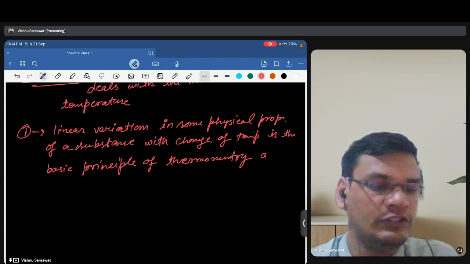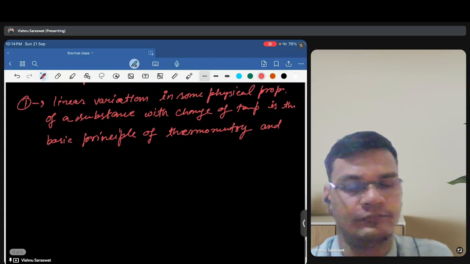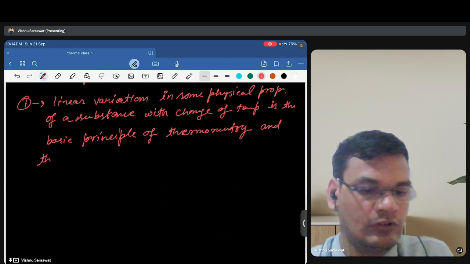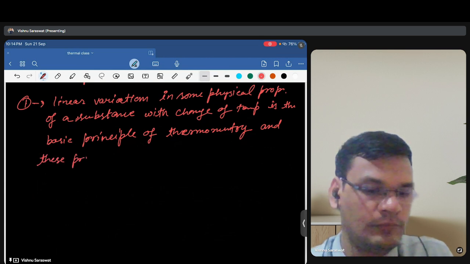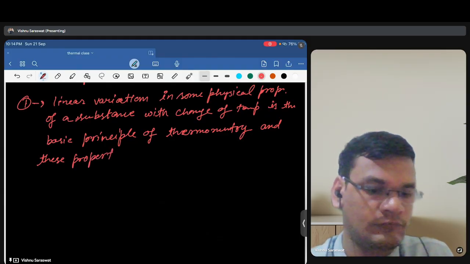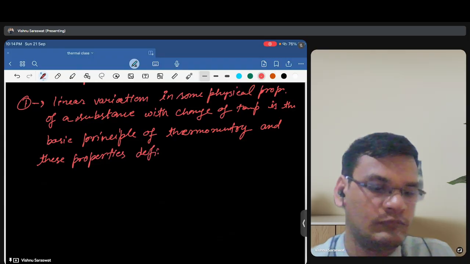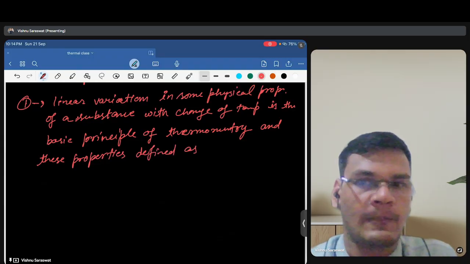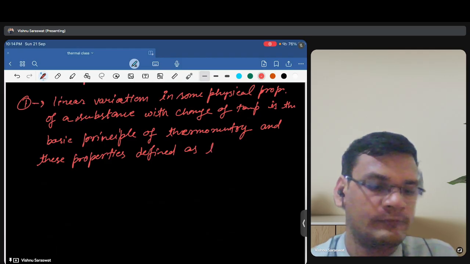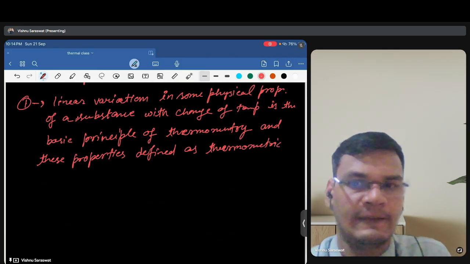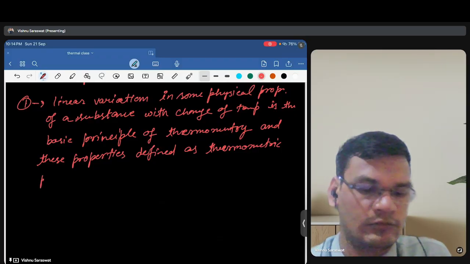And these properties are defined as thermometric properties of the substance.